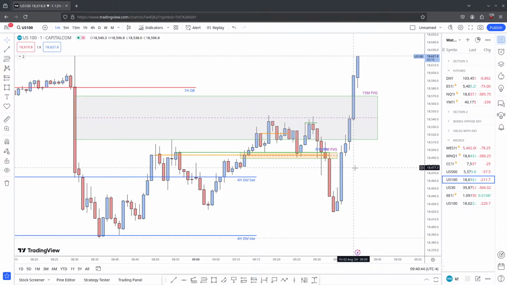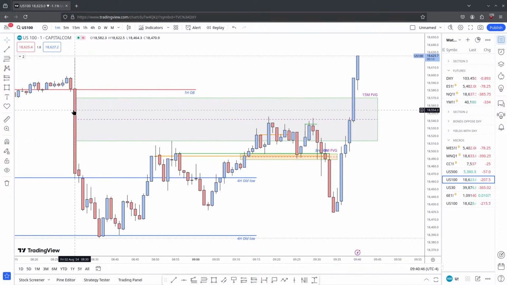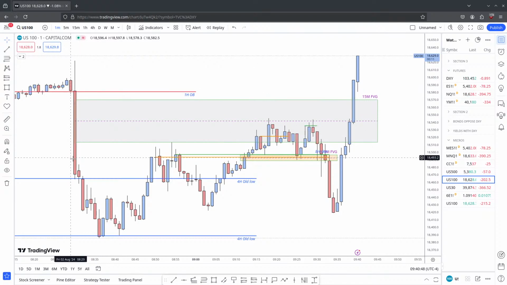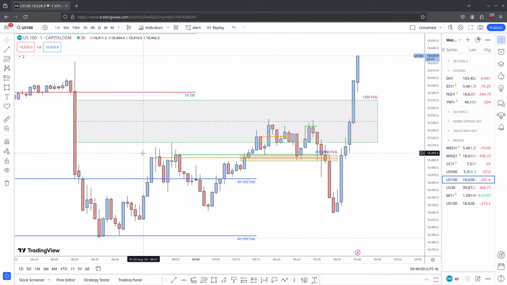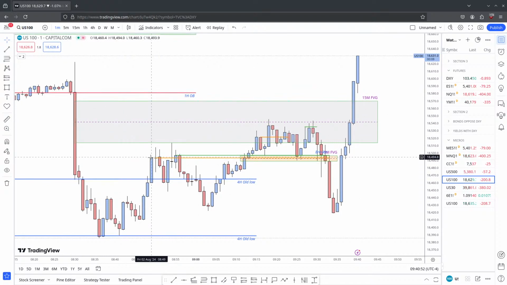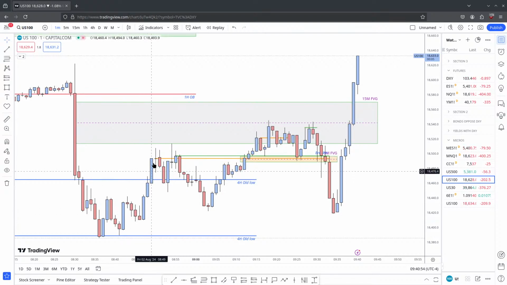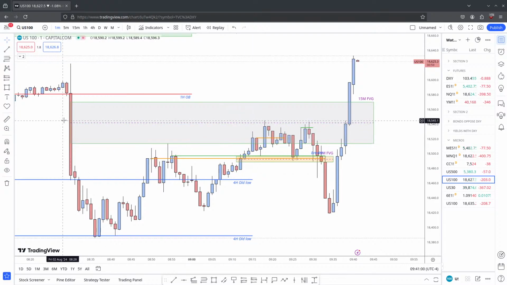Trader one could be looking for a long into this, and he could be taking this setup. Trader number two could be waiting for the propulsion move, and he could be waiting for this retrace back, looking for this move to go up higher into this liquidity void.